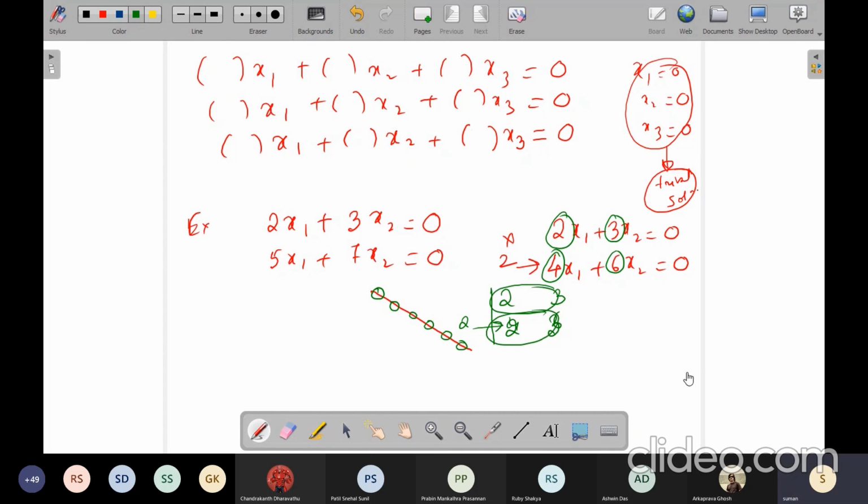So the determinant of the coefficient matrix equal to 0 is a hallmark of a non-trivial solution, so that you will get a non-trivial direction vector, that is from 0, 0, 0 to the point x1, x2, x3. You may get several such vectors, but you will get at least one.